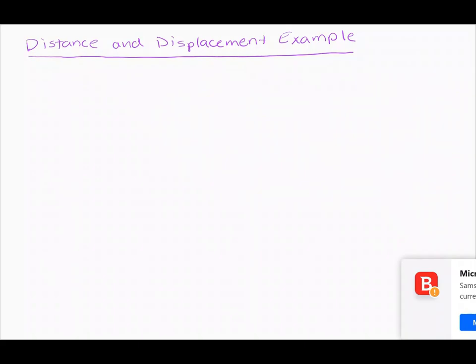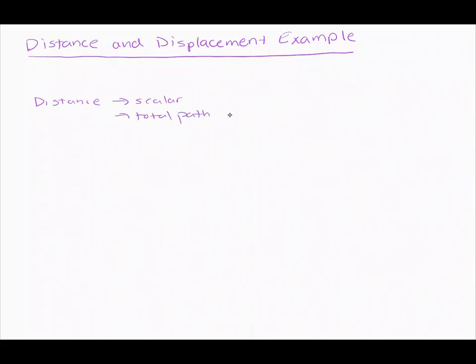Our goal today is to take a deeper look at distance and displacement. So recall that distance is a scalar and it is the total path taken. But displacement is a vector.